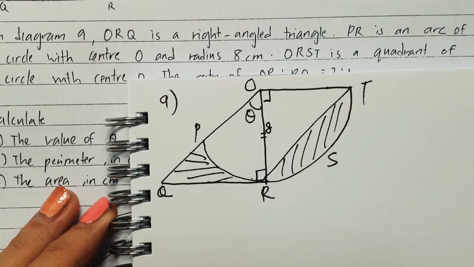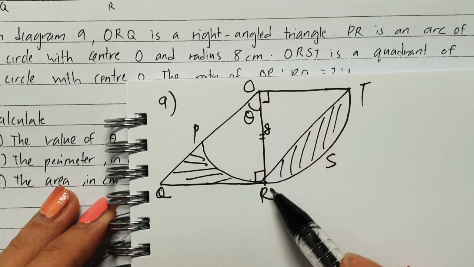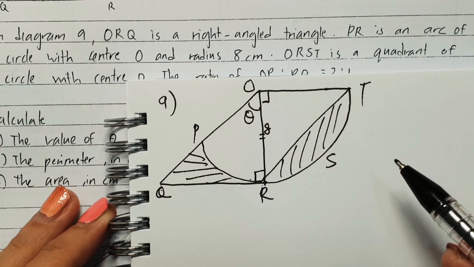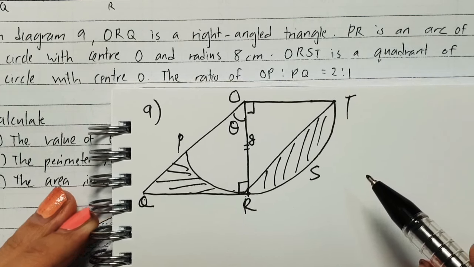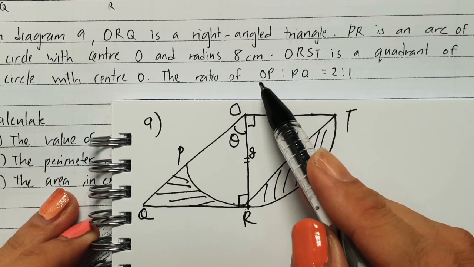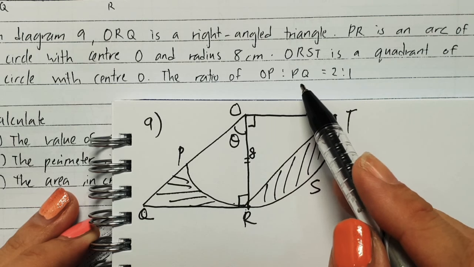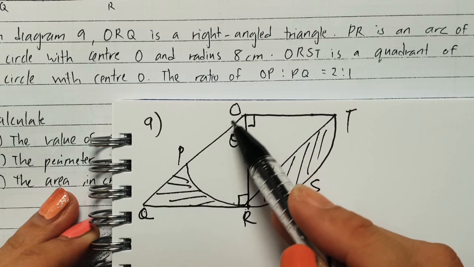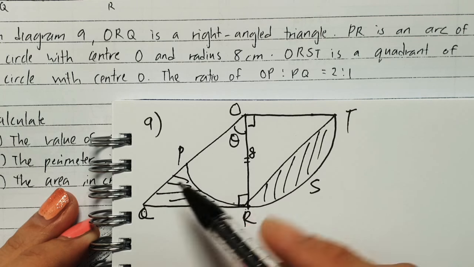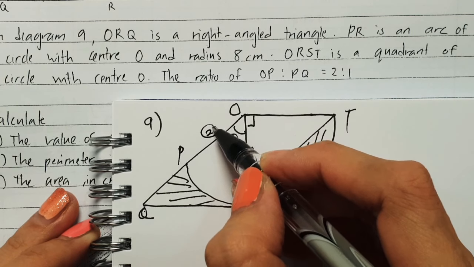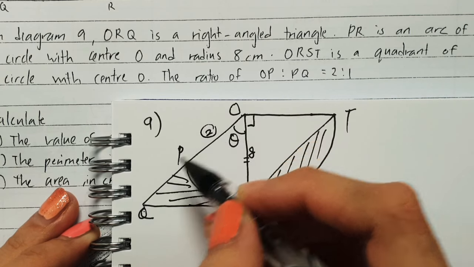And then ORST is a quadrant of a circle with center O as well. So the quadrant will be subtended at 90 degrees over here. And the ratio of OP to PQ, where's OP? OP to PQ is 2 parts here, 1 part here.